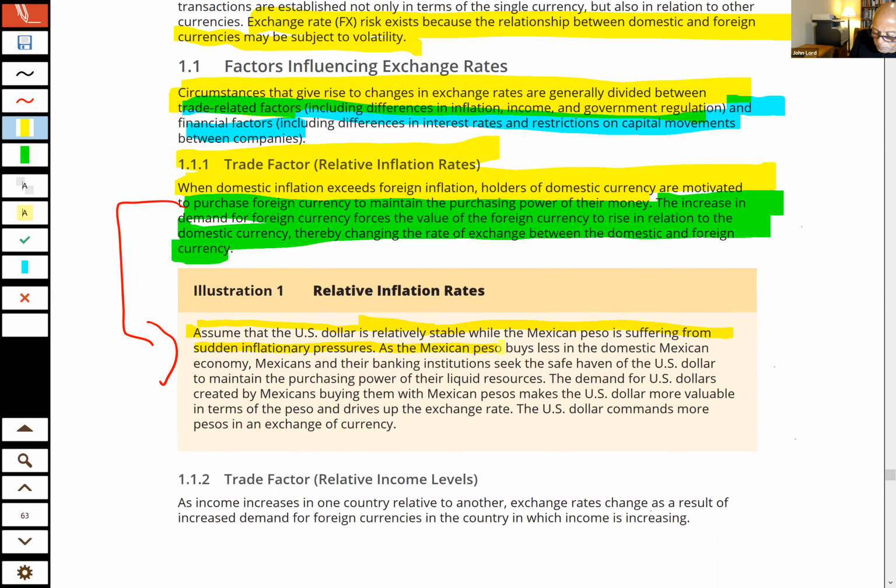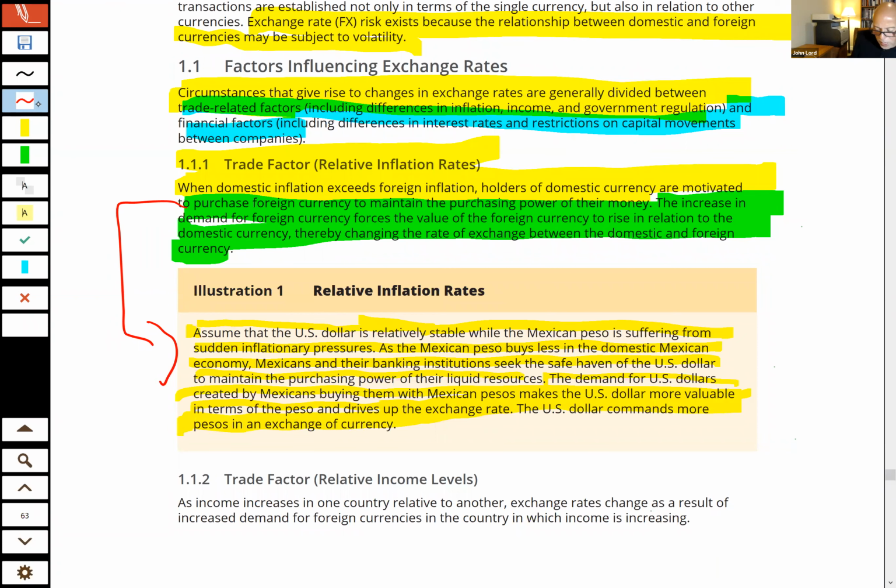As the Mexican peso buys less in the domestic Mexican economy, Mexicans and their banking institutions seek a safe haven in the US dollar to maintain purchasing power of their liquid resources. The demand for the US dollar created by Mexicans buying them with Mexican pesos makes the US dollar more valuable in terms of the peso and drives up the exchange rate. The dollar commands more pesos in the exchange of currency.